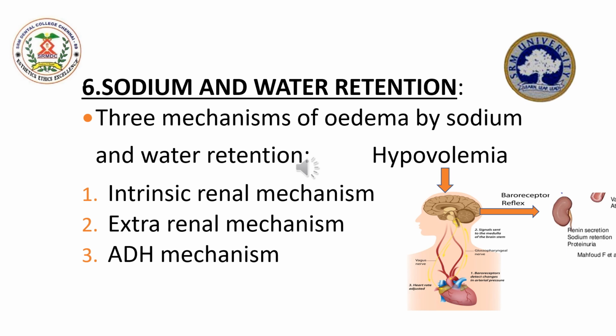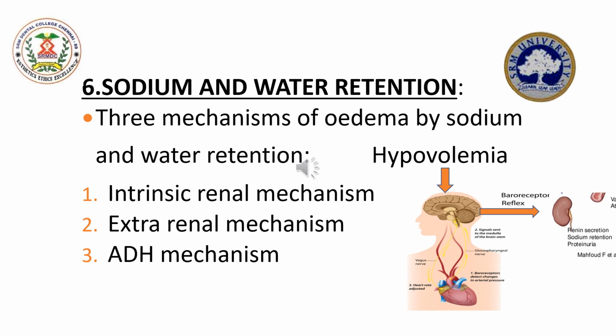Next, moving on to the extrarenal mechanism. In the extrarenal mechanism, there is secretion of aldosterone by the renin-angiotensin-aldosterone system. Renin is released when it is stimulated because of low sodium concentration. This renin will convert angiotensinogen to angiotensin 1.